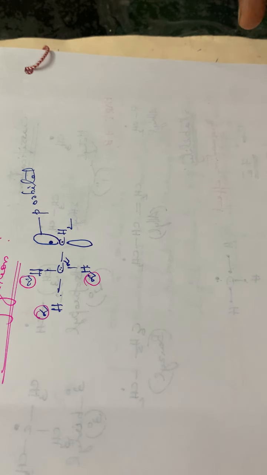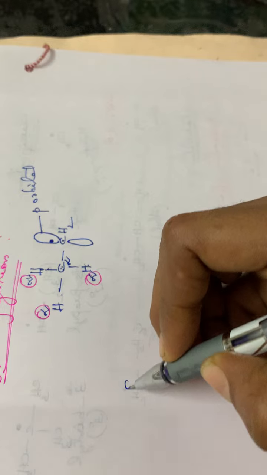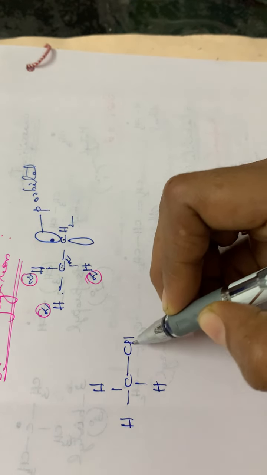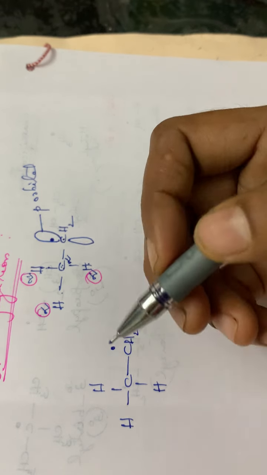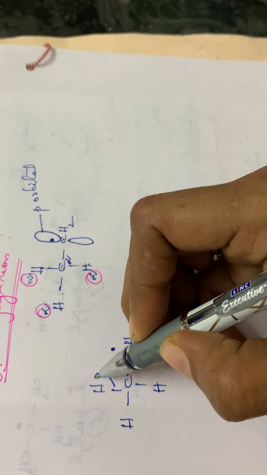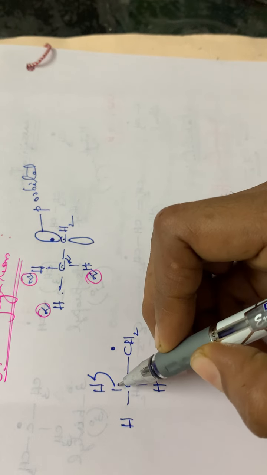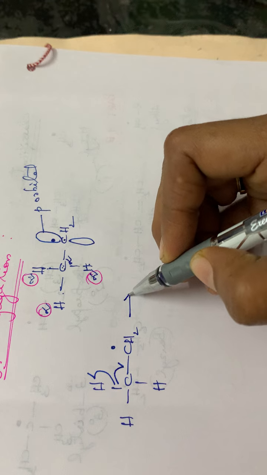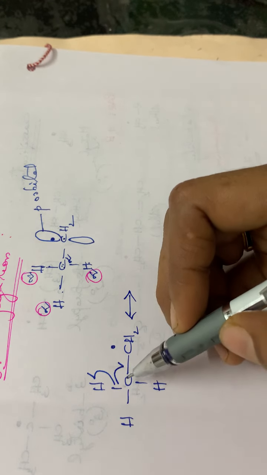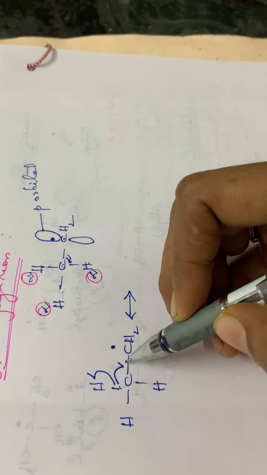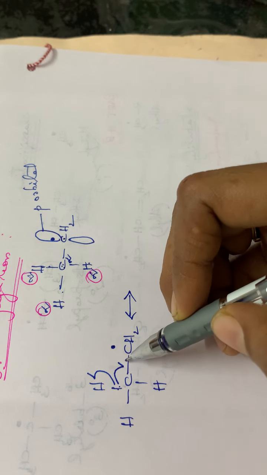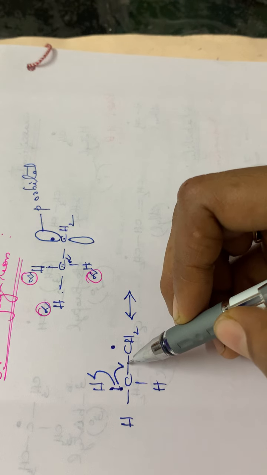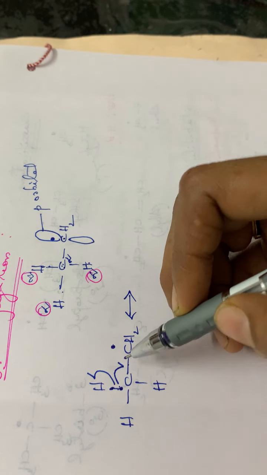Then we can write the hyperconjugative structures. CH3 CH2 free radical. First of all, this bond breaks. One electron goes to this hydrogen atom, and the second electron goes to form a double bond with this unpaired electron.